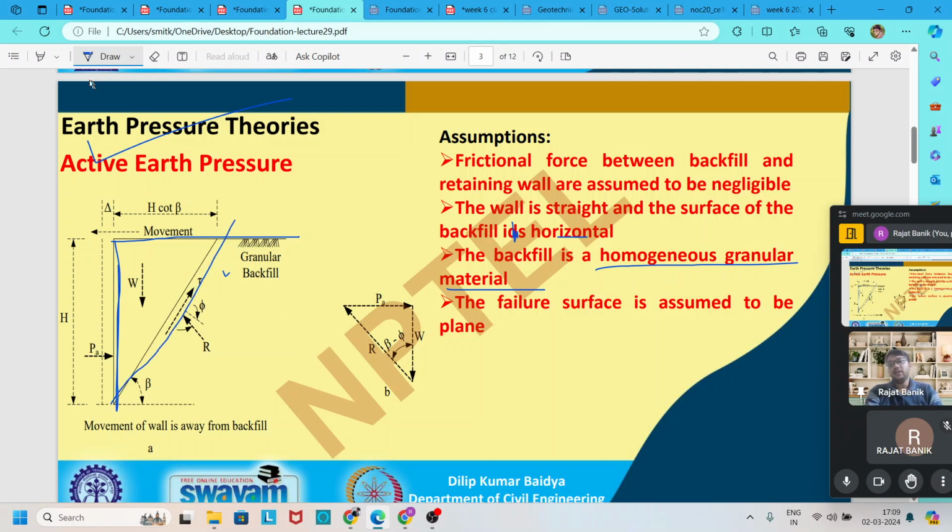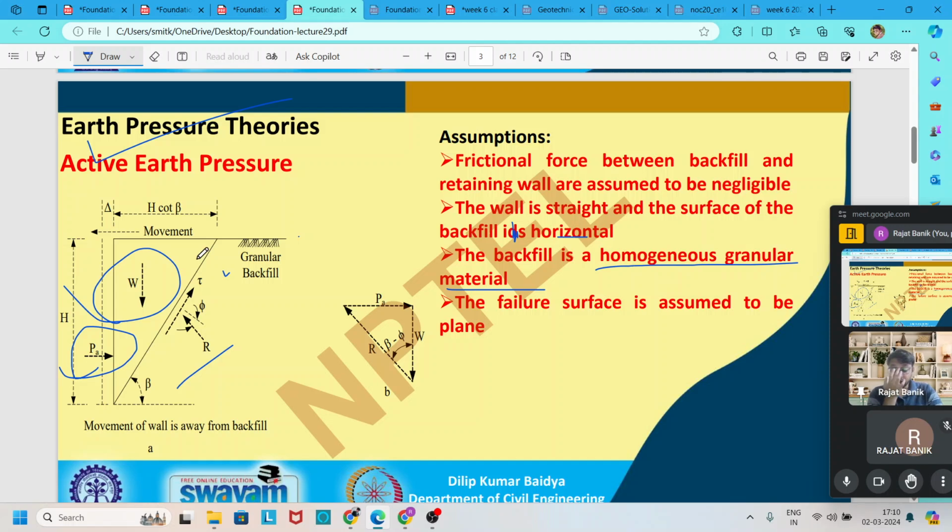If you draw again all the forces acting on the retaining wall, we can see that only three forces act on it. One is the reaction force, another is the active earth pressure thrust, and another is the self weight of the backfill material.